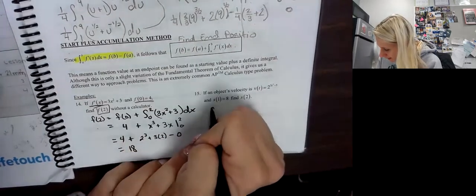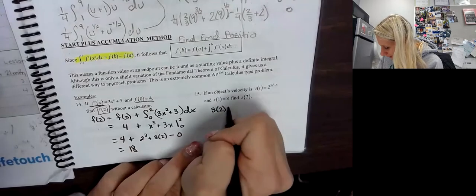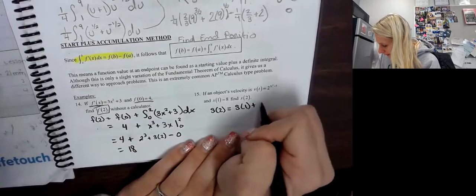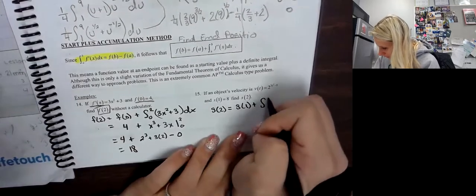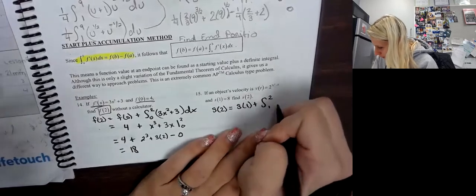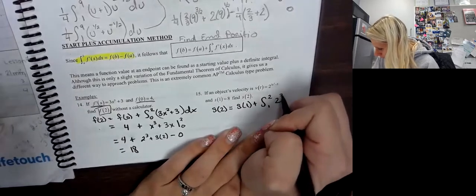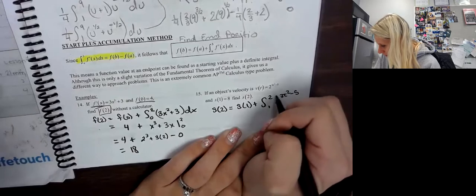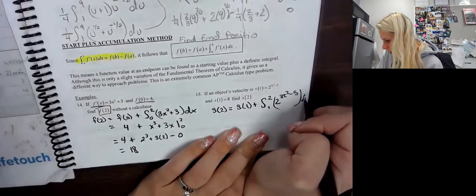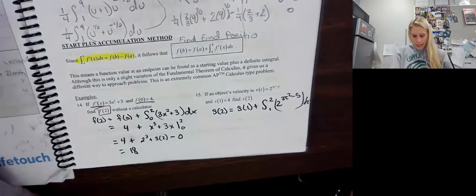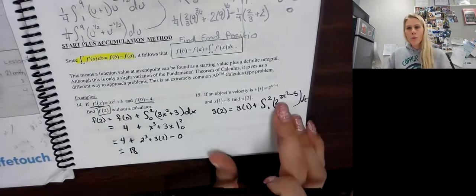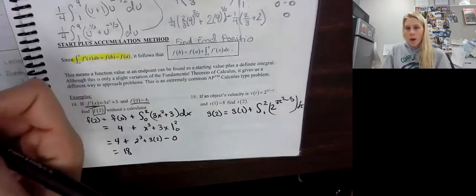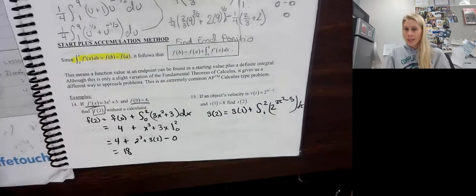We're finding s of 2, which equals our starting position plus the integral from our starting to our ending of our function, or v of t, I should say, dt. All right, so guys, in this case, we don't know how to take the integral over power. So with this one, you would definitely be able to use your calculator.